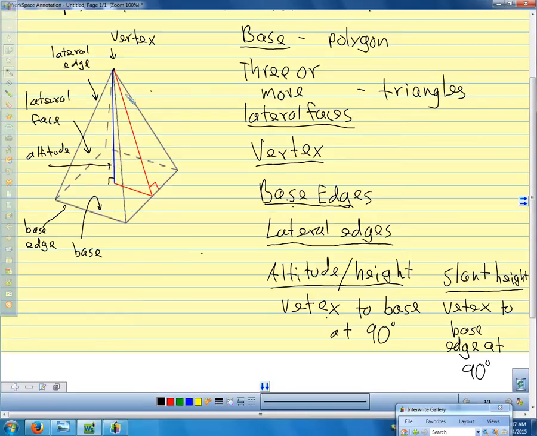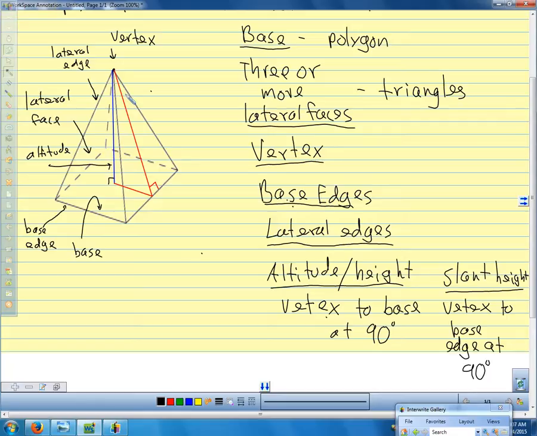So on my 3D shape here, the altitude or the height is the rod here in the middle. The slant height is the red one along the front on the face of that triangle. And then the line that I drew goes from the middle of the base to the edge of the slant height. So you get a nice right triangle made by the altitude, the slant height, and the apothem of the base.